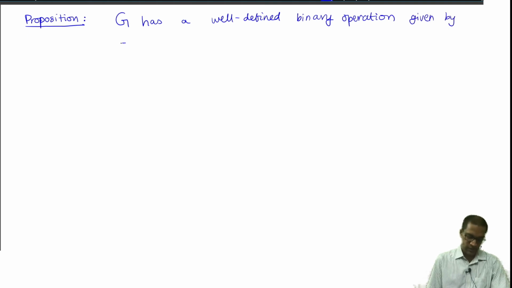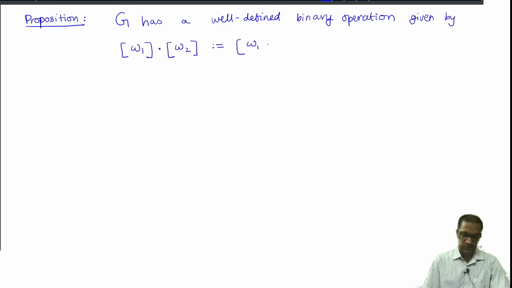so here's the definition. Remember, elements of G are themselves equivalence classes, so I take the equivalence class of W1, and here this dot denotes the binary operation, the multiplication I'm going to define on G. So the equivalence class of W1 times the equivalence class of W2 is defined to be, well, it should again be another equivalence class, and we just define it to be the equivalence class of the composition of W1 and W2.